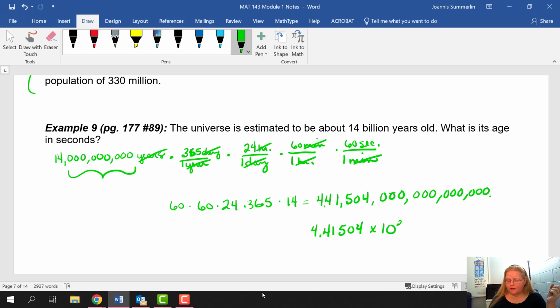That's right. It moved 20 places. So this is a lot easier way of writing that number than writing that number. Just saying. That's a reason why we would want to use scientific notation.